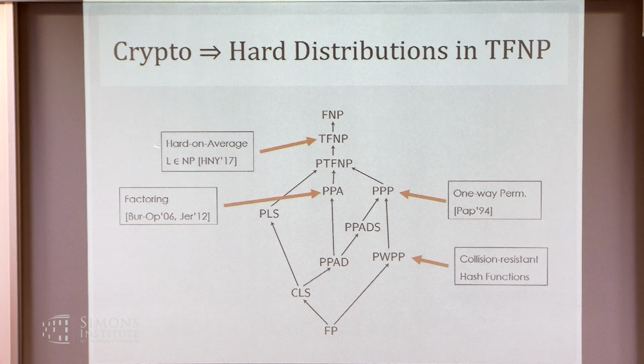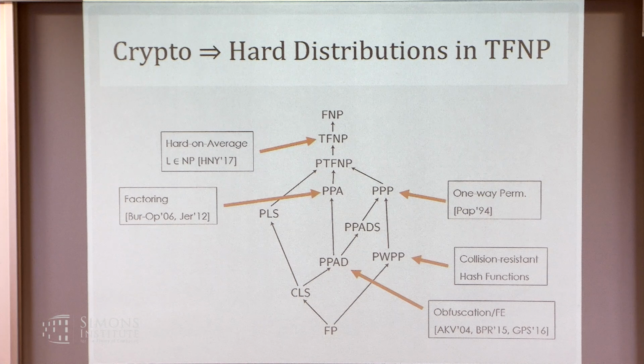Assuming just the existence of a hard on average problem in NP, Hubacek, Naor, and Yogev showed a hard on average distribution for TFNP. For various other classes, factoring, for example, is known to be solvable in this class PPA. Collision-resistant hash functions can be broken in this class. The evidence we had so far for a way to generate hard instances in PPAD is based on obfuscation and functional encryption.